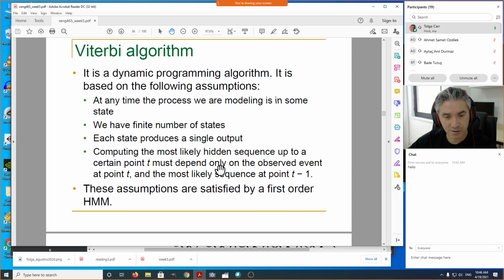Let's look at the last one. Computing the most likely hidden sequence up to a certain point t must depend only on the observed event at point t and the most likely sequence at point t minus 1. This assumption actually gives you a big hint toward the dynamic programming solution. And it is satisfied, because of where you currently are in the state.